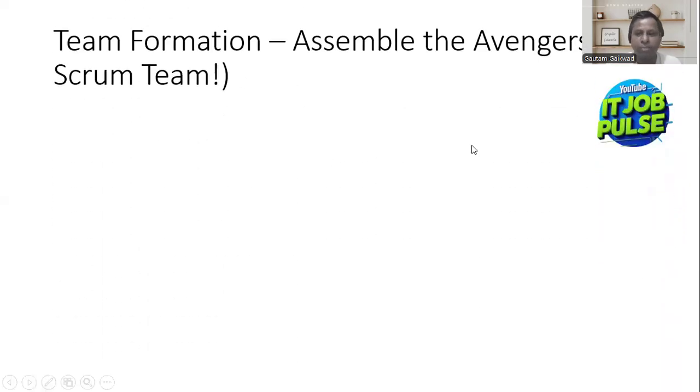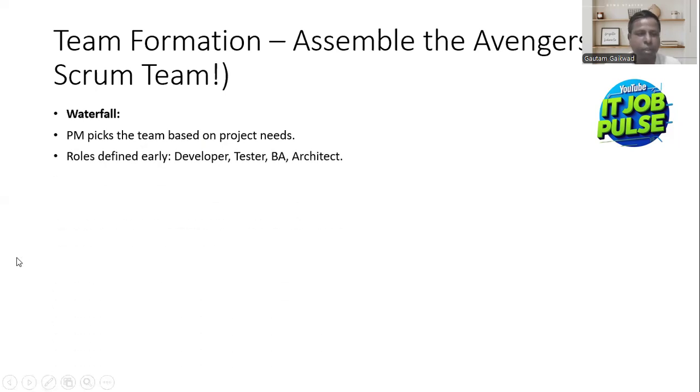Team formation. Avengers assemble or Scrum team. So we are understanding both waterfall and agile. The PM picks the team based on project needs. As the project manager gets the needs of the project, based on that, the PM will pick the team for the project to be started and run.